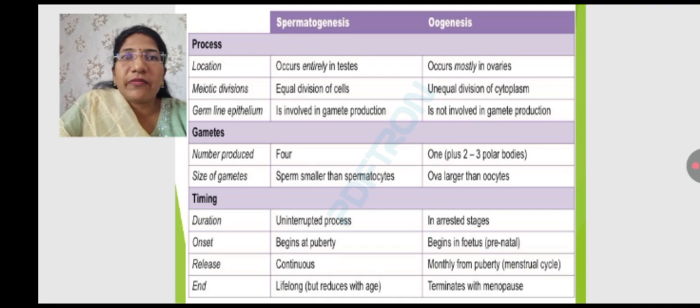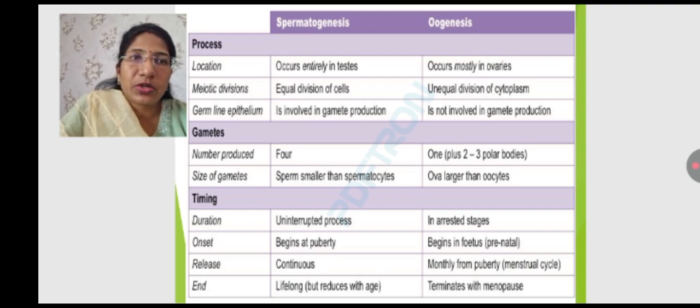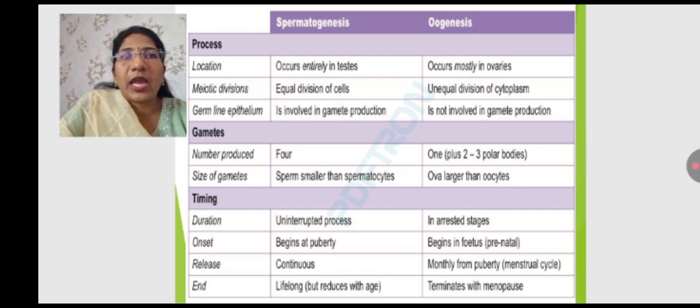Then another difference is the germinal epithelium. In spermatogenesis, it is involved in gamete production, and in oogenesis it is not involved in gamete production. So what about gametes?